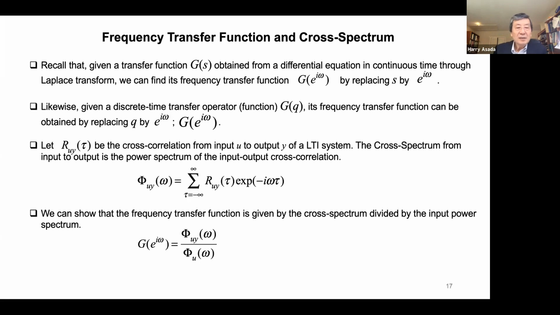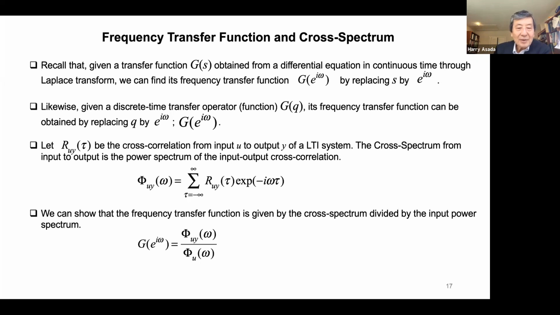Okay, so this represents complex functions, and it has the magnitude component and the phase angles, and we can plot the Bode plot out of it.